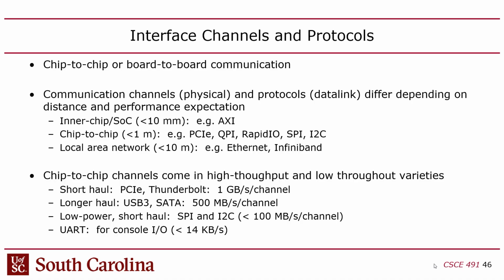And that's I2C typically. PCI Express, I think, even has an I2C channel, which is a low speed sideband channel. So I2C is used quite a bit. SPI is really strictly relegated to these Arduino type systems. And then, of course, there's UART, which we'll talk about too, which is for console I/O.